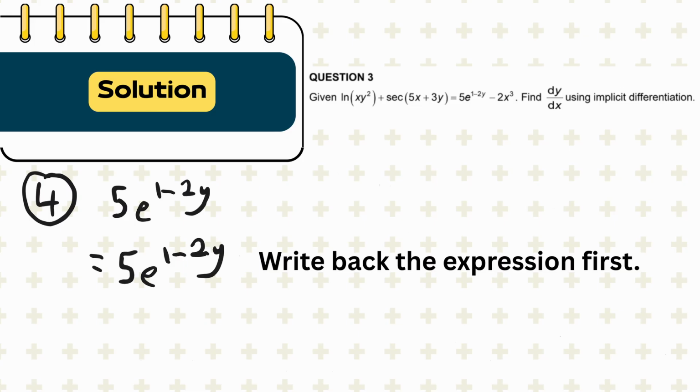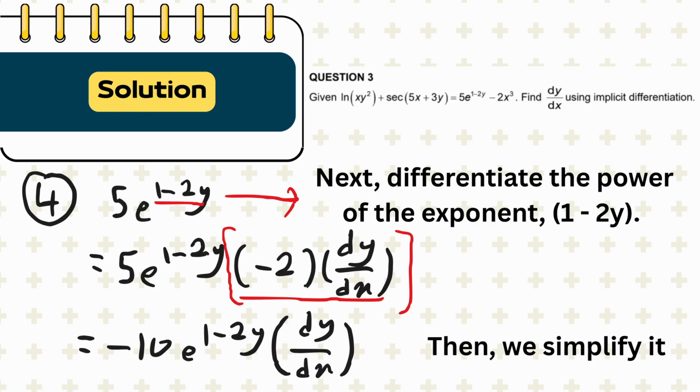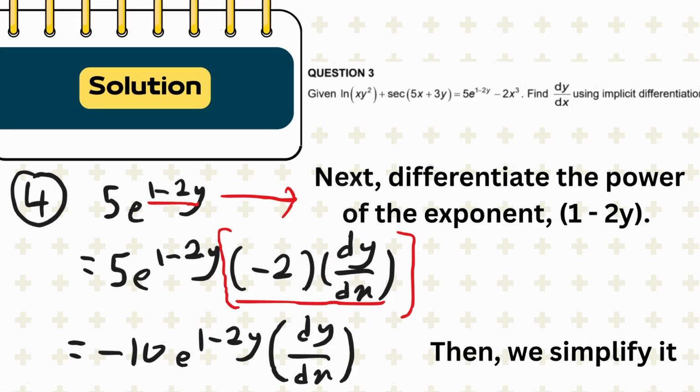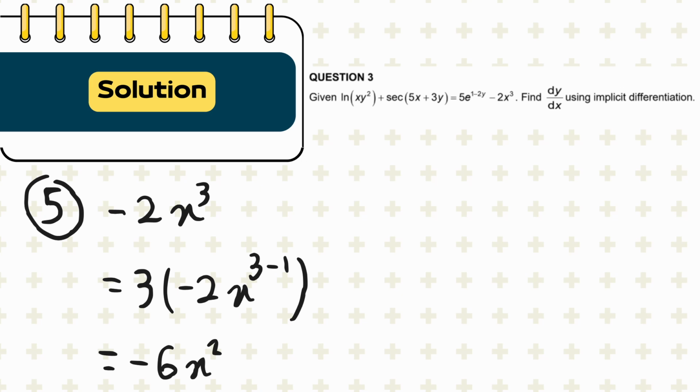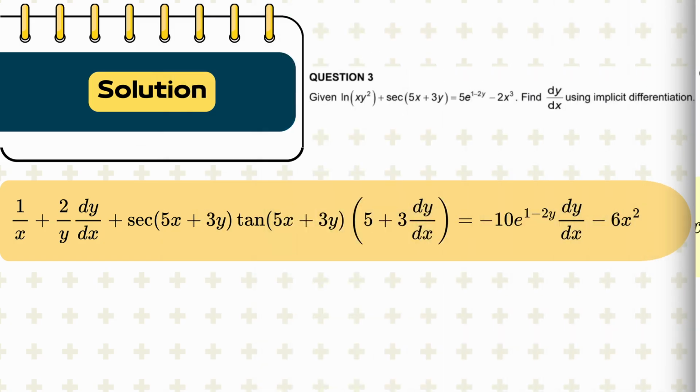Next, differentiate the power of the exponent 1 − 2y, then simplify by multiplying by −2 dy/dx to get −10e^(1 − 2y) dy/dx. The last term, −2x³, we simplify to become −6x².